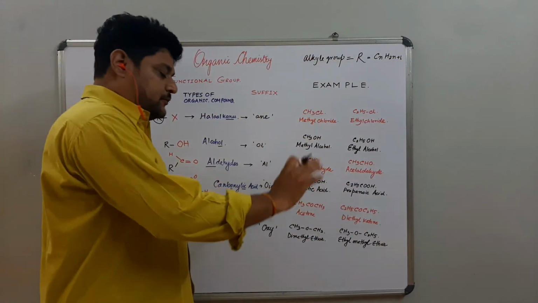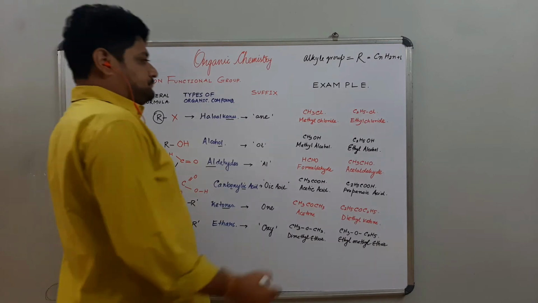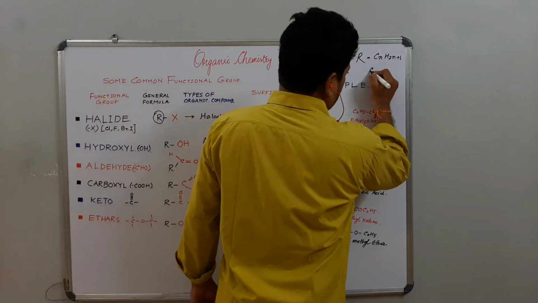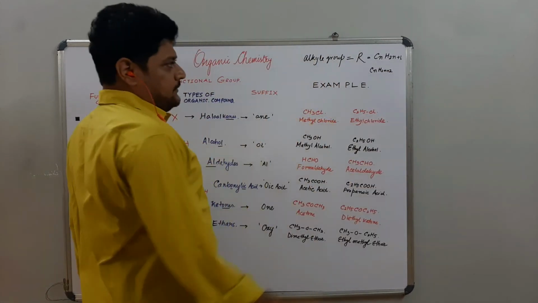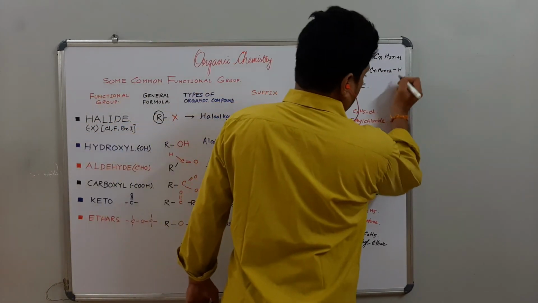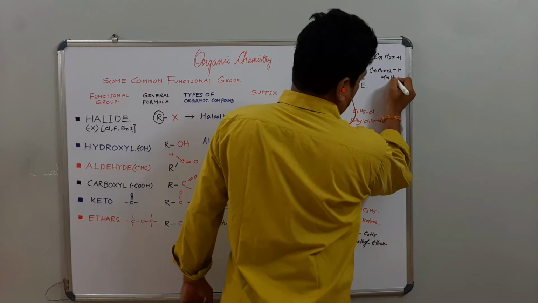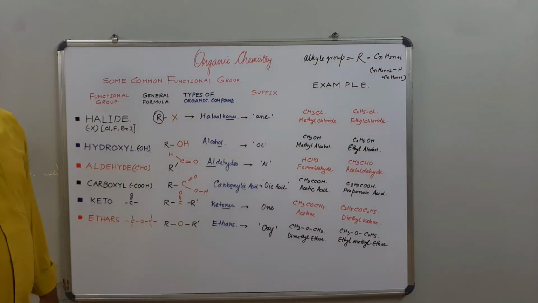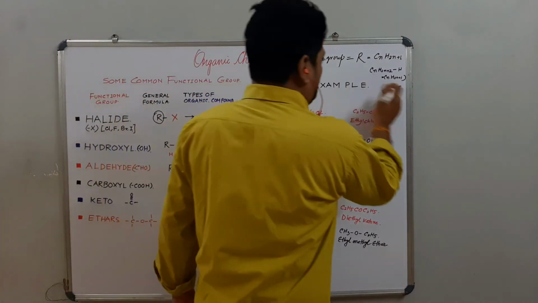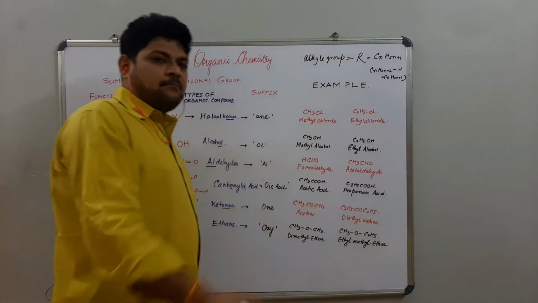Because I have already told you that the alkane, CnH2n+2, if it loses one hydrogen, then it becomes CnH2n+1. This is the general formula of the alkyl group. So the alkane becomes alkyl.